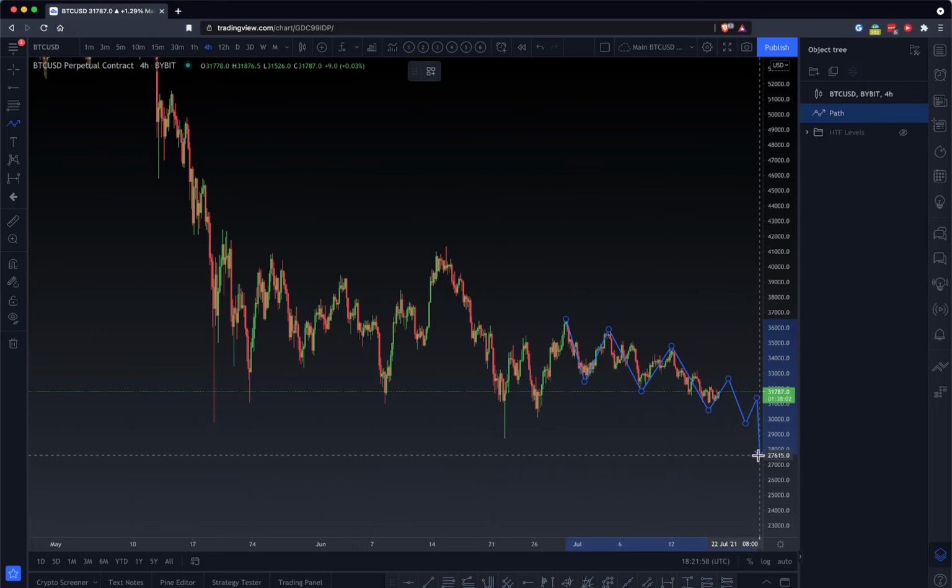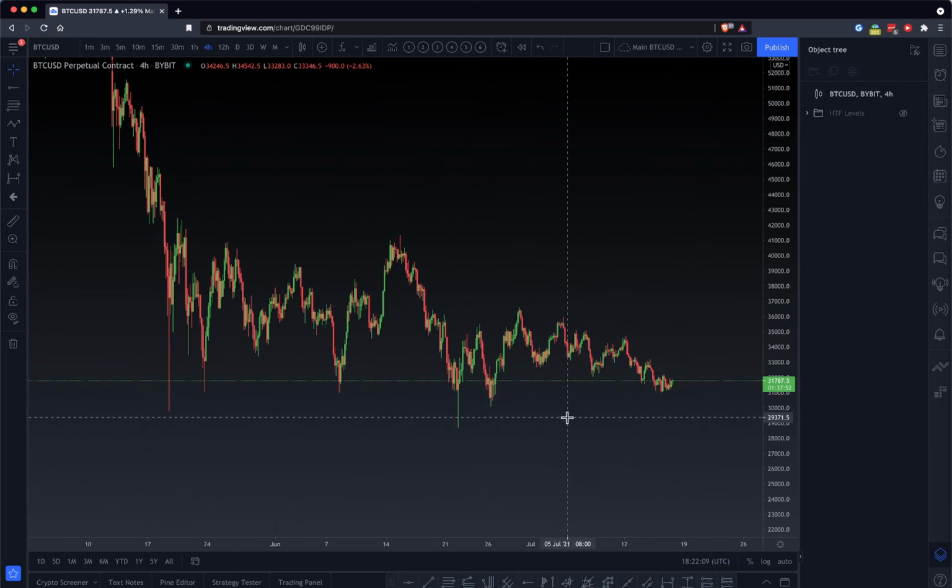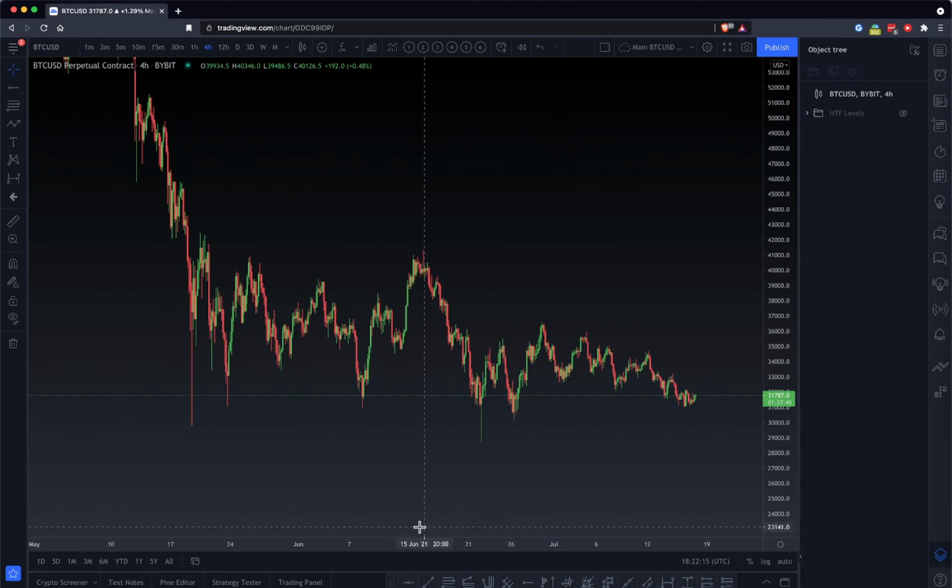This can continue downside until we change the market structure. So we are obviously in a range, but we have a local downtrend as well.